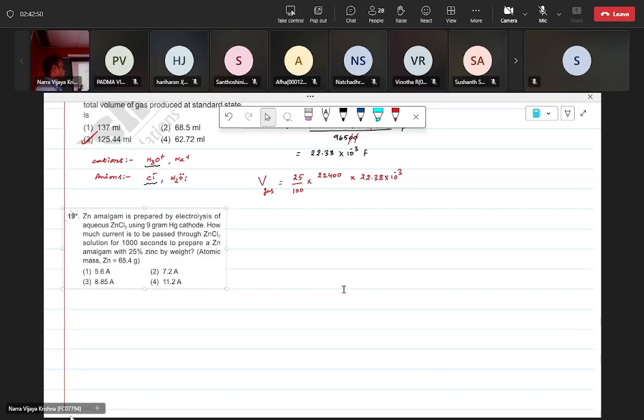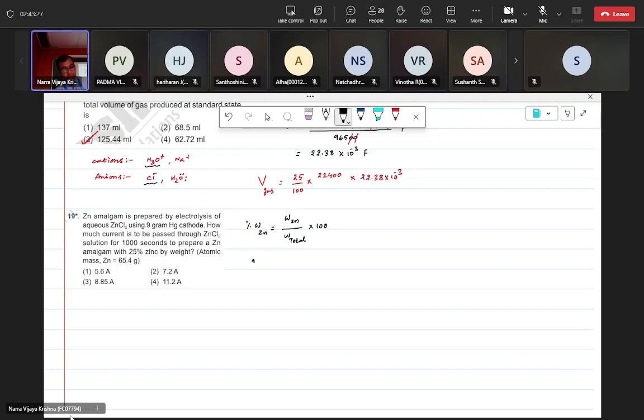How many grams of mercury have you taken? 9 grams. Mercury is already 9 grams. What is percentage weight of zinc in it? Percentage weight of zinc is equal to weight of zinc by total weight into 100.